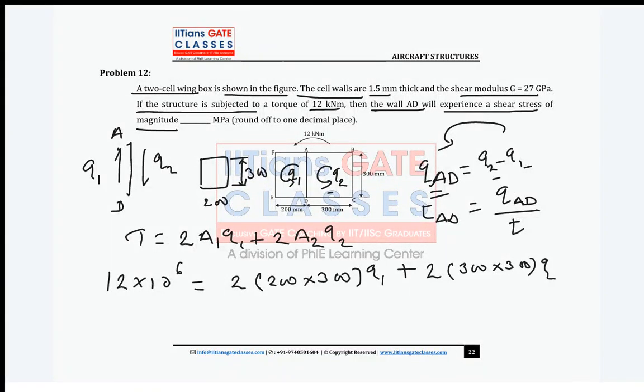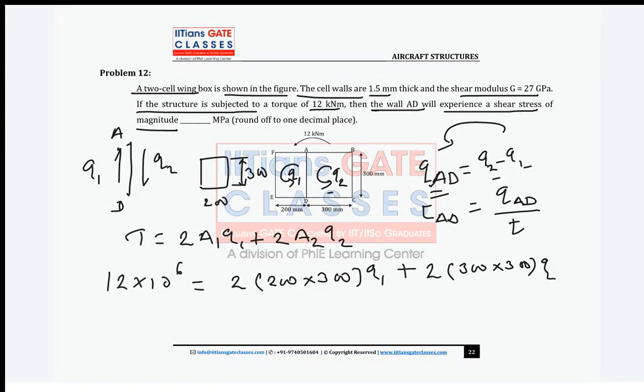Now guys, try to simplify this and tell me the equation. So what will be the equation? 10 to the power 4 will get cancelled, so 6 will cancel, so 3. 12 and 12 will get cancelled.